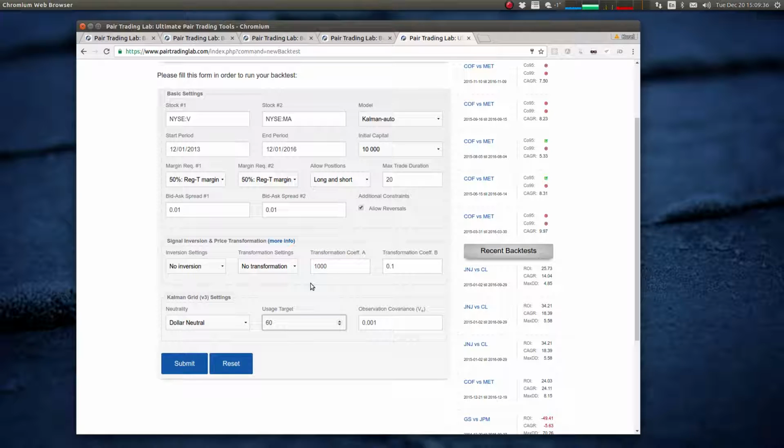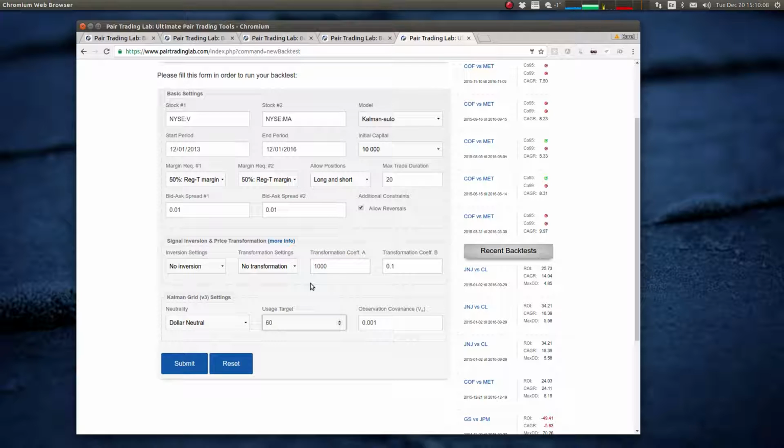So let's say if you trade 100 days using Kalman Auto, and you set usage target to 60, the algorithm selecting between these Kalman instances will try to optimize the switching process, so that at the end of these 100 days, your strategy spent 60 days in position.